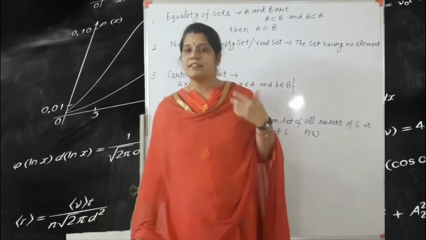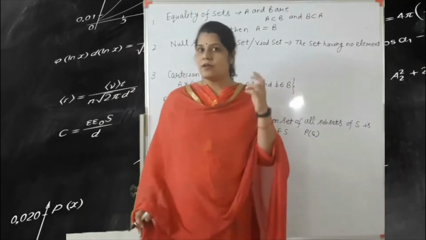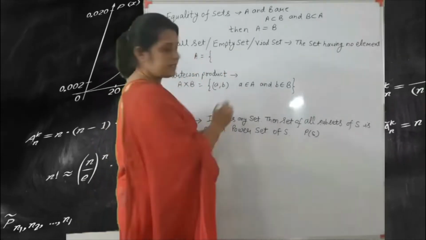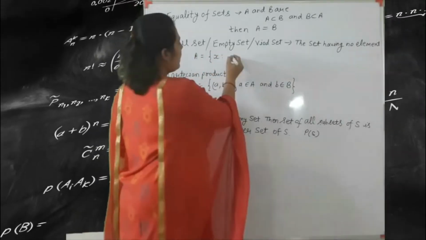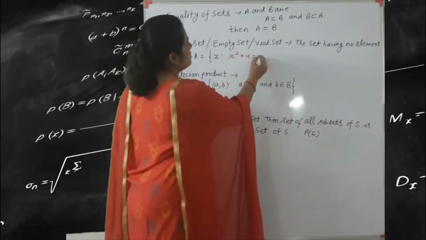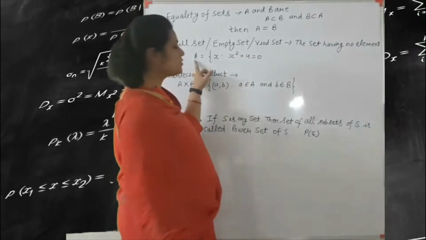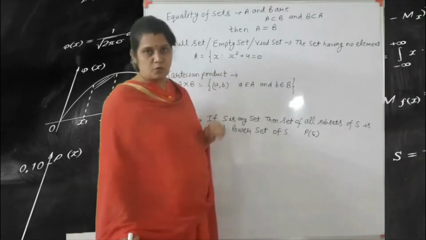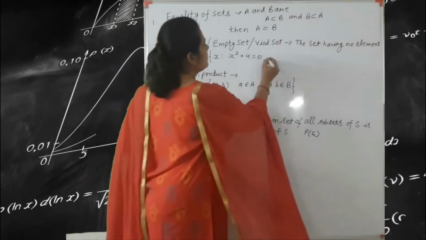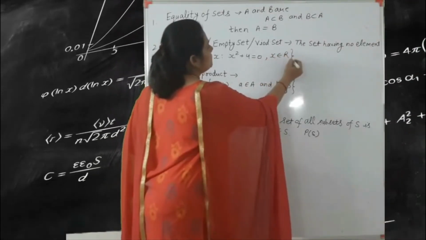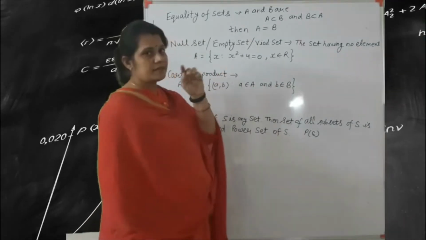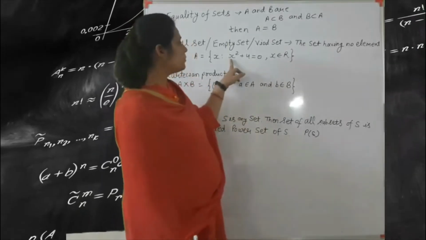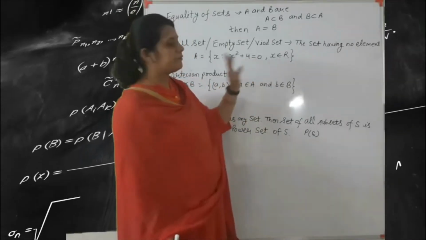So for example, we have A is equal to {x such that x square plus 4 is equal to 0}, and here x belongs to R. That means we consider the value of x from the real number set, and we put it here and solve this equation.